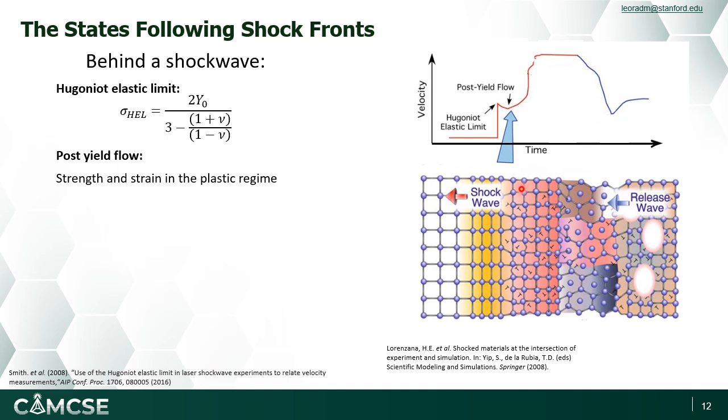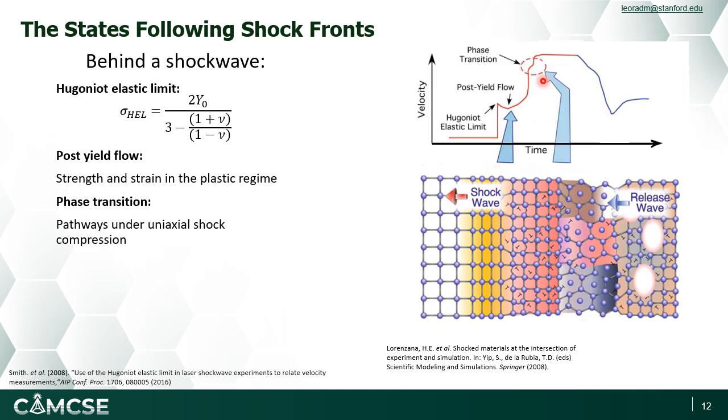Then we see this plastic flow type of yield behavior that can cause, in ductile materials, the material to actually now pull back in velocity as the plastic wave starts to catch up and starts to impose shear.